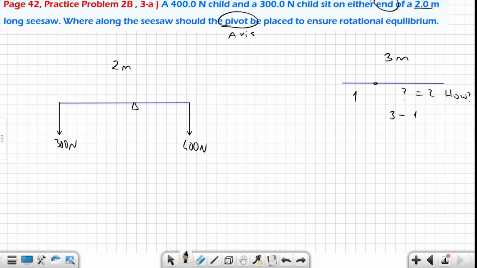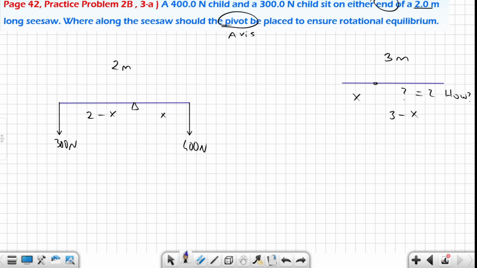If I have this 2-meter length, and I say that the 400 Newton side is x, the other side is obviously 2 minus x. Now I have found their distances. Since the seesaw is in equilibrium, the net torque is equal to 0.